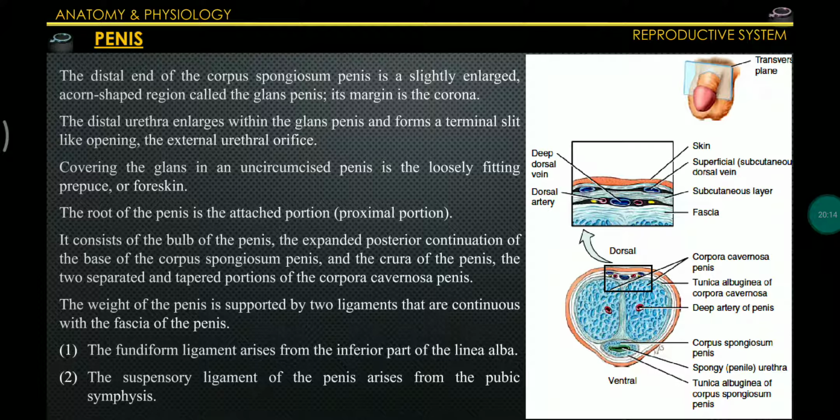The root of the penis is attached to the proximal portion of the body, and it consists of the bulb of the penis, which is the expanded portion of the corpus spongiosum, and the crura of the penis. They are two separated and tapered portions of the corpora cavernosa penis. They are attached to the body by ligaments like the fundiform ligament and suspensory ligament.